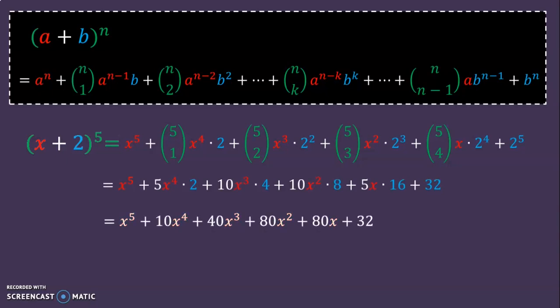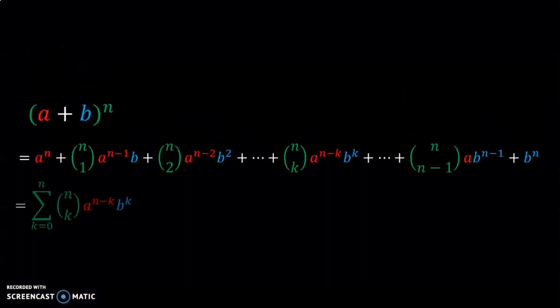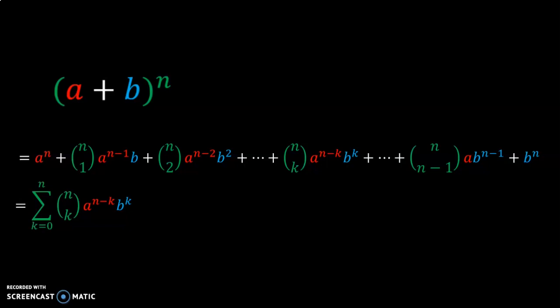Is your answer the same as mine? So this is the formula for the binomial theorem. If you have a binomial a plus b to the power of n, you can use this formula to deal with your problems.